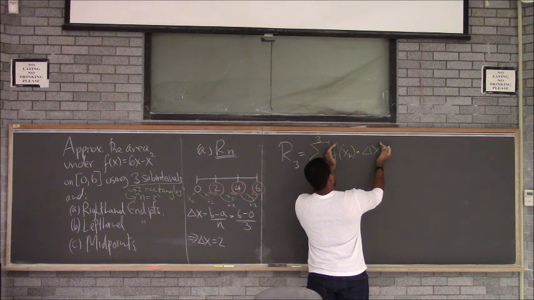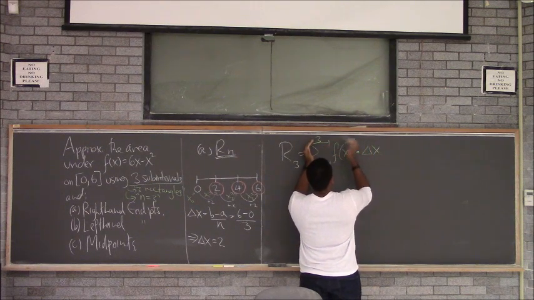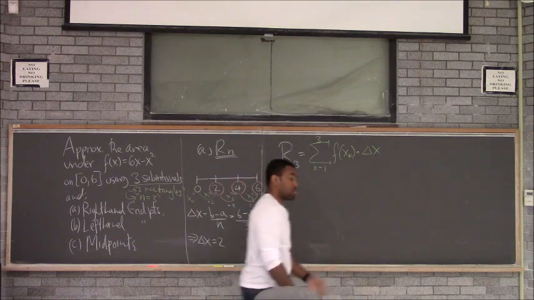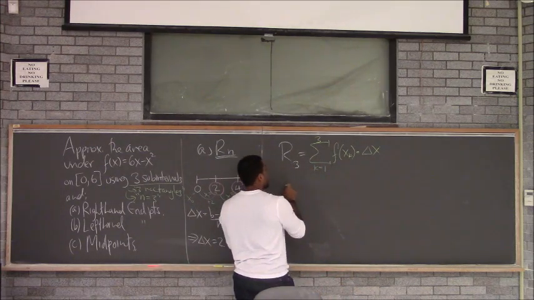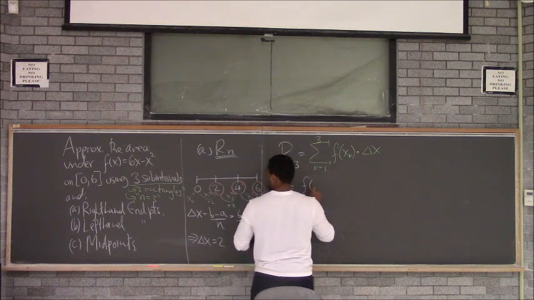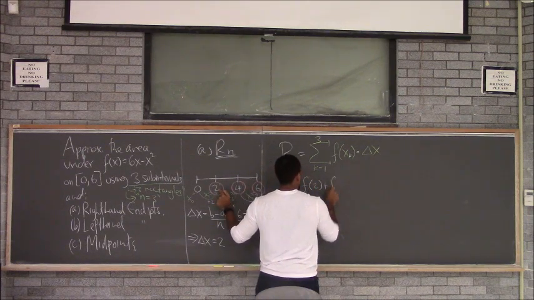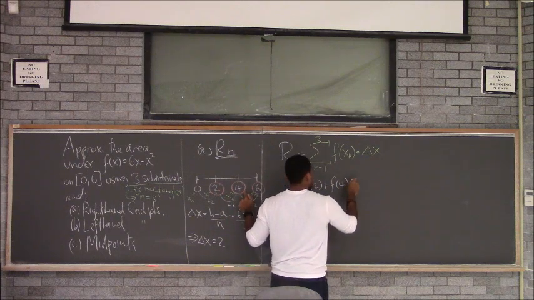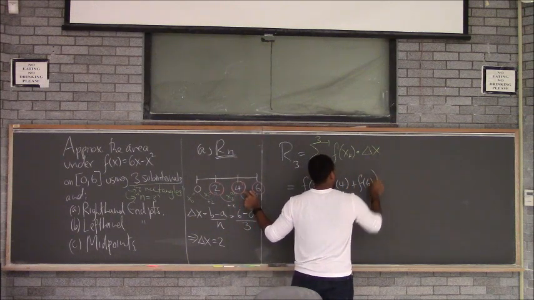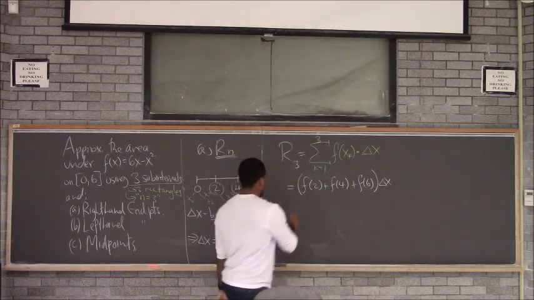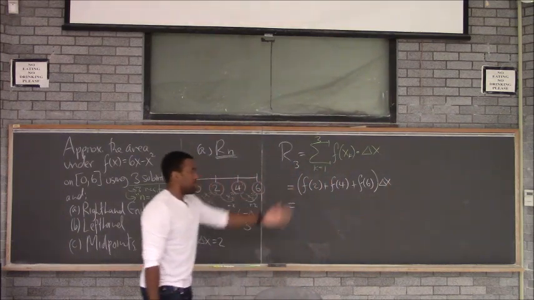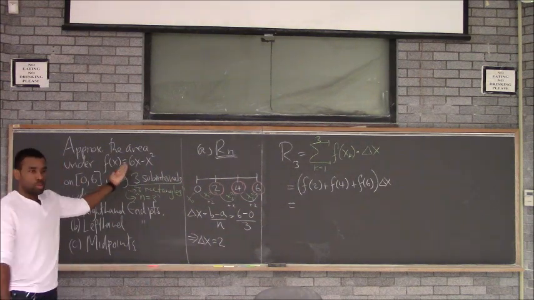But we also know that we can factor constants outside of our summation. So I can also just think of it as adding a bunch of f's and then multiplying by that number. Either way, what you would actually write down at this point is f of 2 plus f of 4 plus f of 6, all of that times delta x. What does that mean? Well, you go to your function and plug that number in.